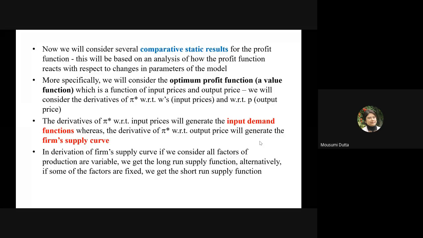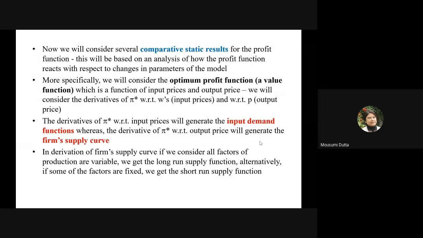Okay, because when we are deriving the equilibrium value, that equilibrium is a function of several parameters. So now I'll change one of the parameters at a time, and with respect to change in that parameter, how the optimum function or the equilibrium value or value function is changing, that we will like to learn.